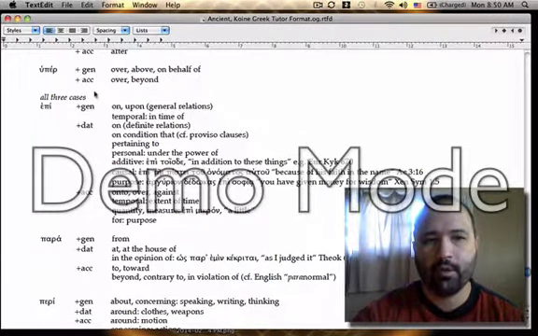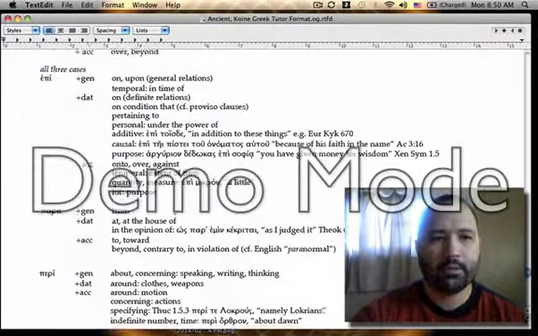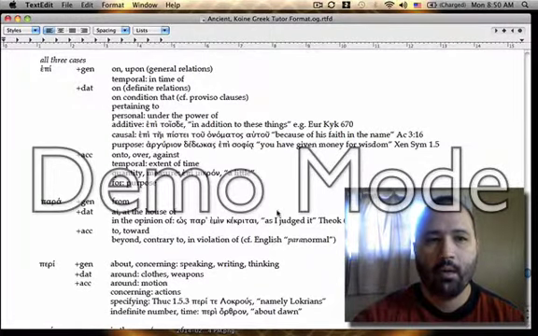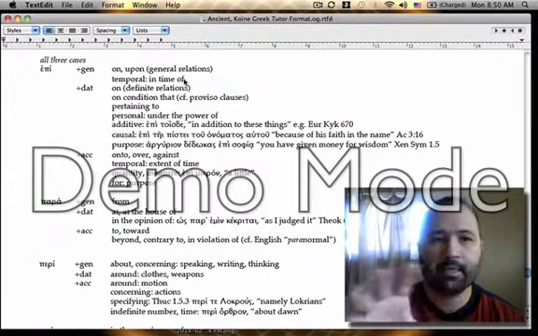Now, iper is used with genitive and accusative. There are prepositions that are used with all three cases. Epi, there's our favorite preposition again. It's used with the genitive, meaning on, upon, in general relations, or temporal, in time.